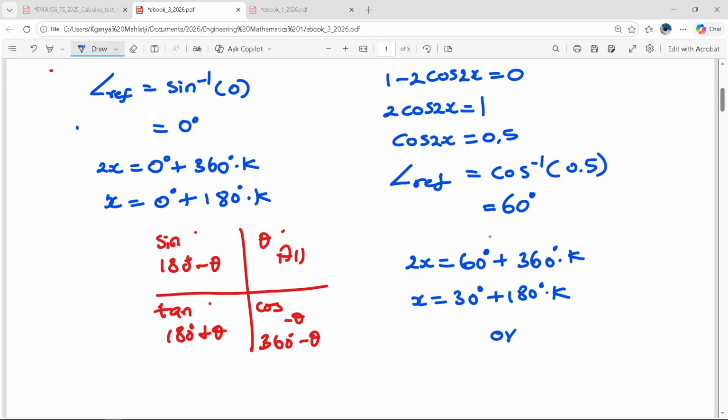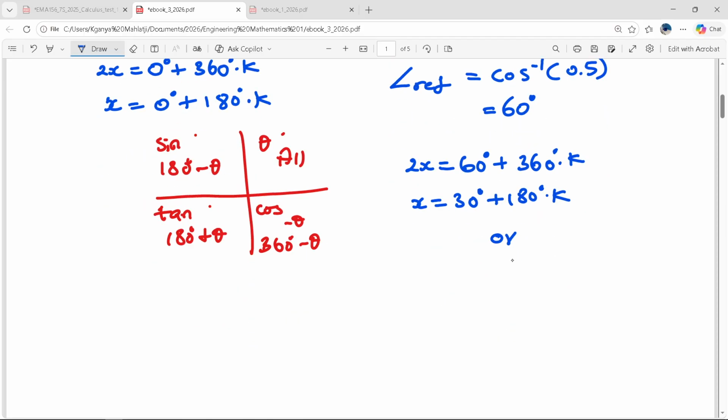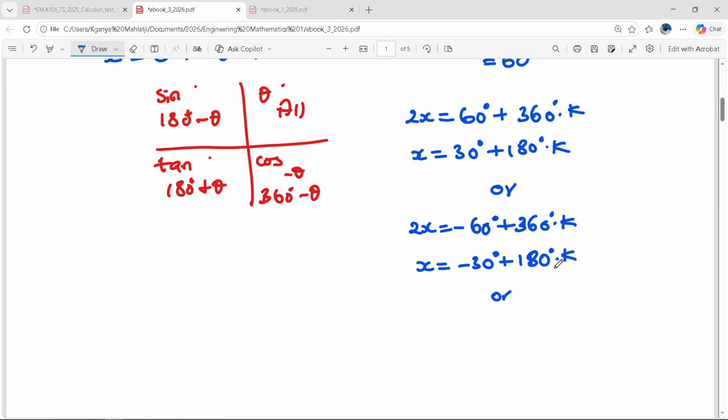Or let's go for another quadrant where cos is positive. You'll have 2x equals minus 60 degrees plus 360 degrees multiplied by k, then x equals minus 30 degrees plus 180 degrees multiplied by k.